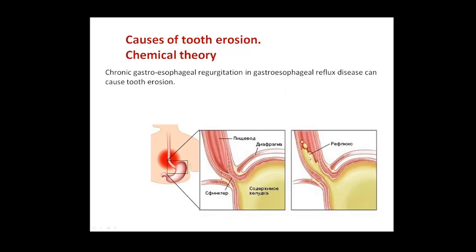Gastroesophageal reflux disease can cause tooth erosion because it is due to acid which affects the tooth.